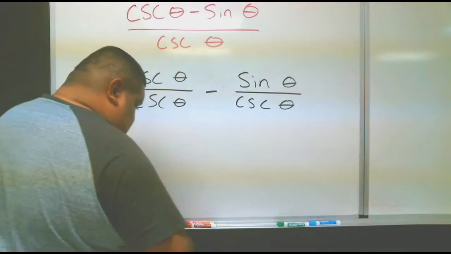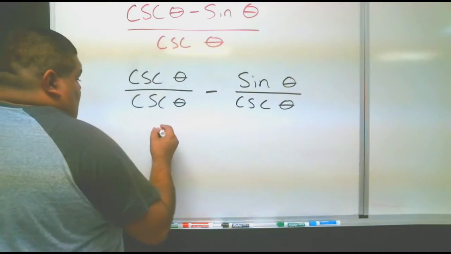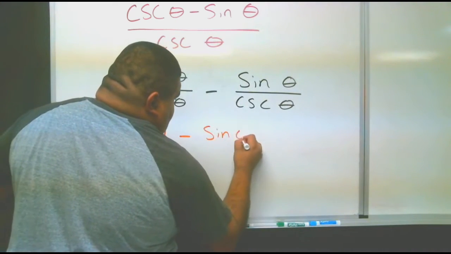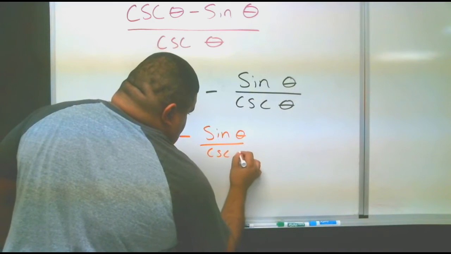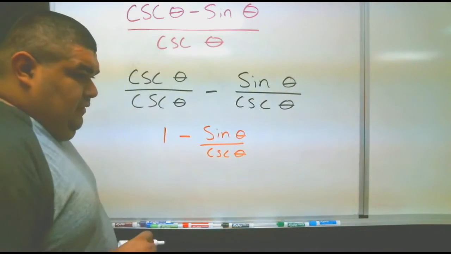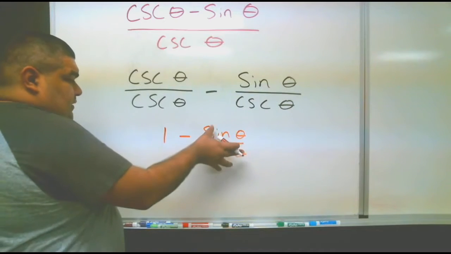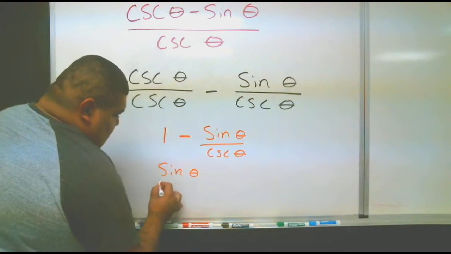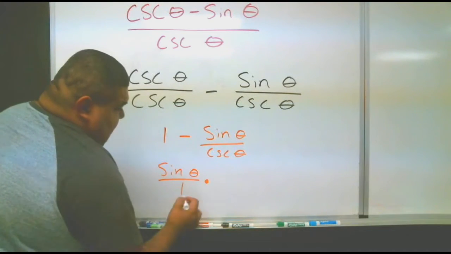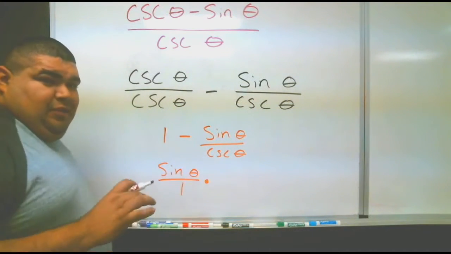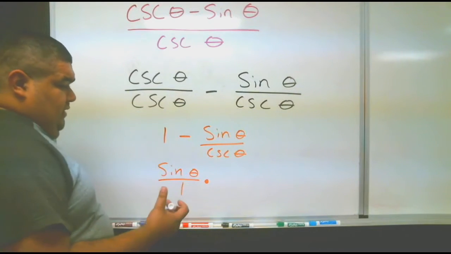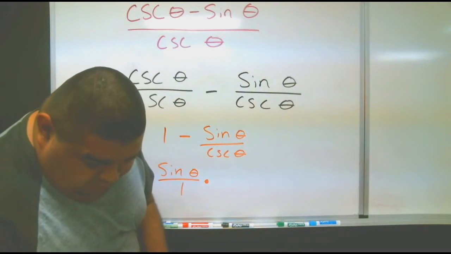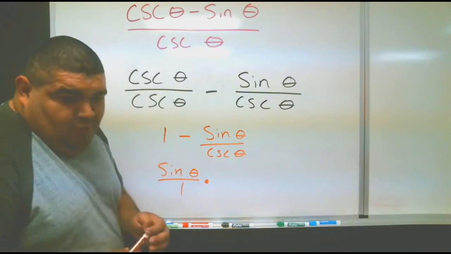Let's use another color here. We have 1 minus sine theta over cosecant theta. Since we are dividing these two, we could say sine theta over 1 divided by cosecant, which can be converted into another problem. If you look again on the chart, for cosecant, we have 1 over sine.